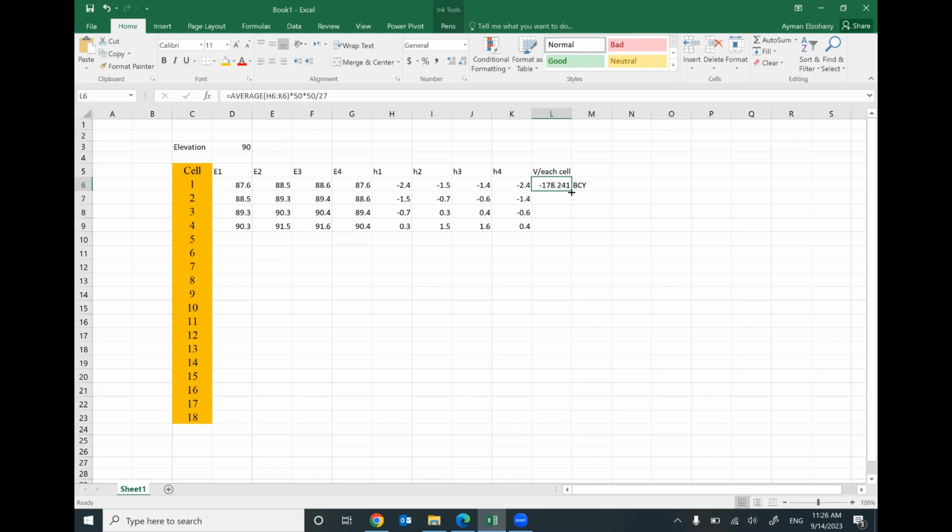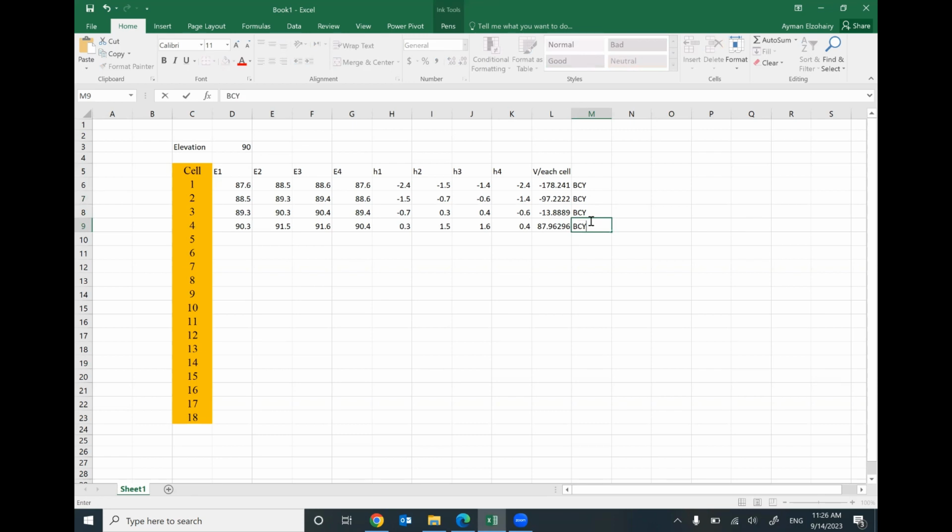Go back to this cell and hold this corner and go down, and keep going until you finish all of them. You can get the volume of soil needed for each cell, in bank cubic yards.